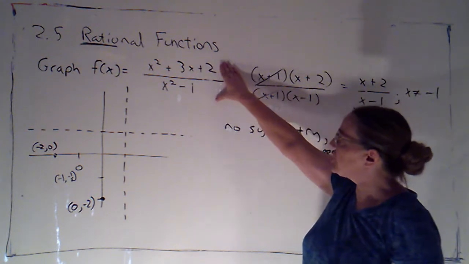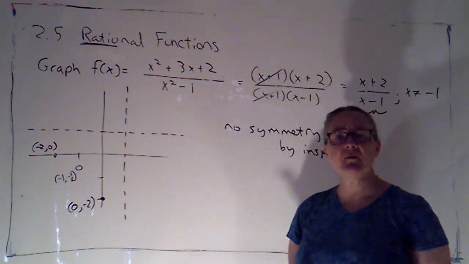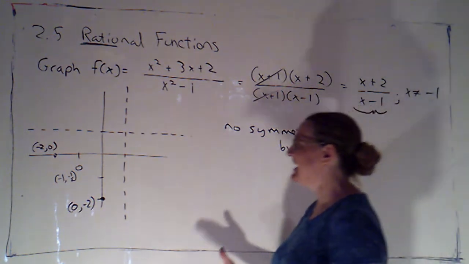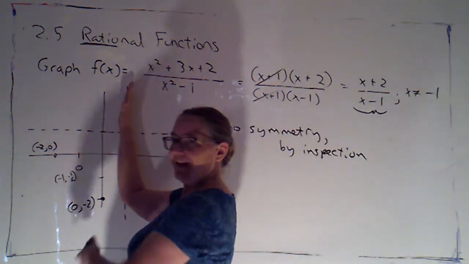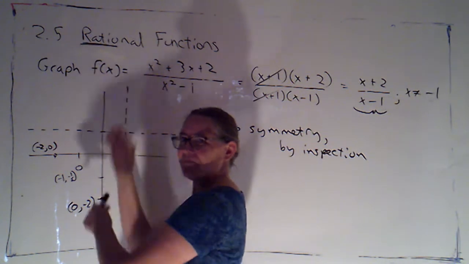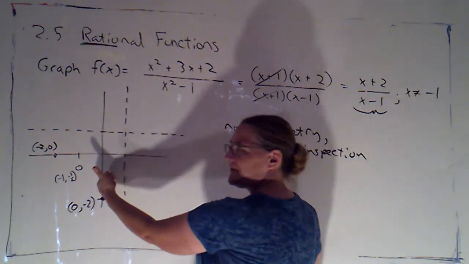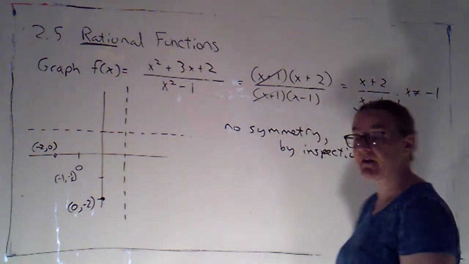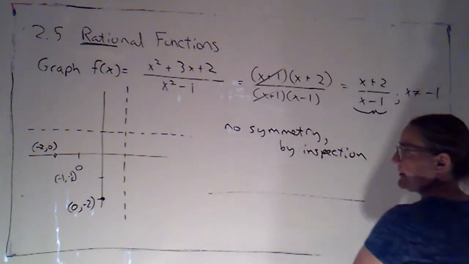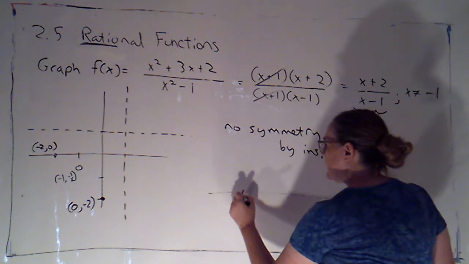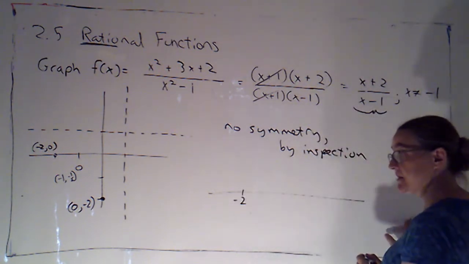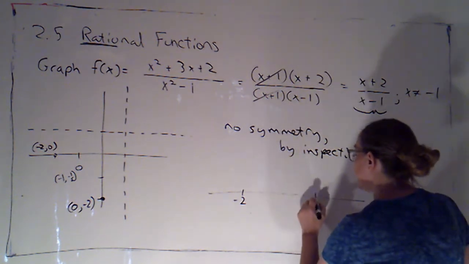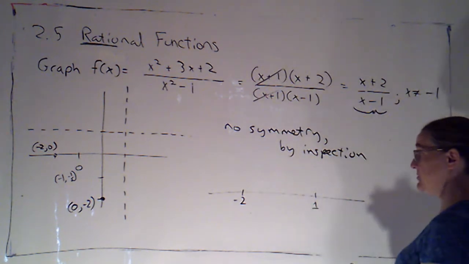But this function, just like a polynomial, is going to be continuous everywhere where it's defined. It's allowed to jump at the places where it's not defined. So it's possible that on one side of this asymptote, my function is negative, and on the other side, it's positive. So I could sort of draw a number line, and if I just mark off the places where my function is 0 and the places where my function is undefined, because we've got that asymptote.